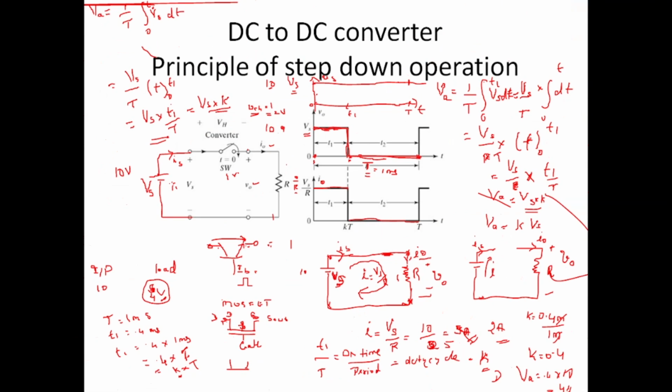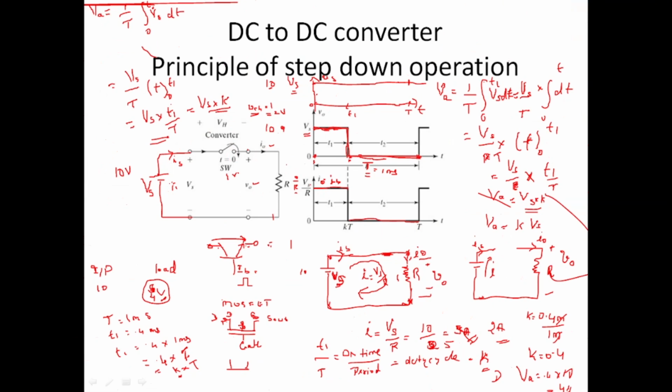Here the source voltage value is always Vs in the ideal case. In my case, even if I consider the drop here, the source voltage is the same, Vs. Correct? But the source current is the same as this. I said already, this is a plot of I naught, or else I can use this as a plot of Is, because this current and this current are the same.